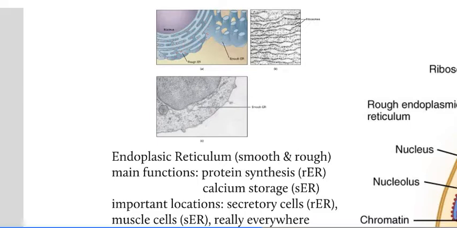The smooth ER, or SER, is mostly concerned with storage, and calcium ions is a common thing to be stored in the smooth ER. We'll be considering the rough ER as part of the secretory pathway in cells, such as for the endocrine system, and the smooth ER will be important in muscle cells. It has a special name there, but it is the smooth ER.